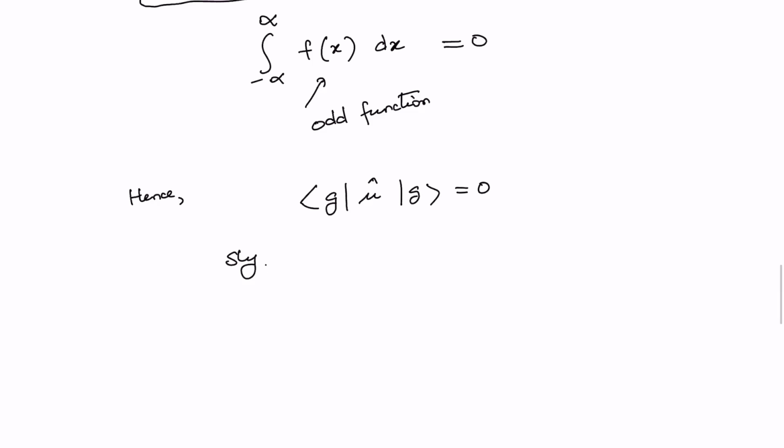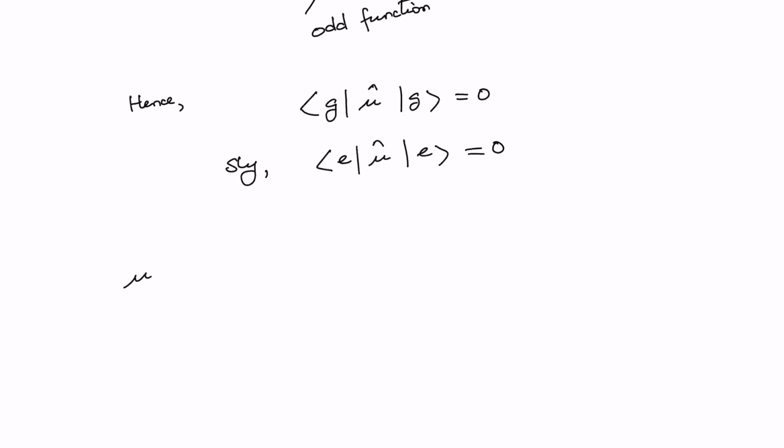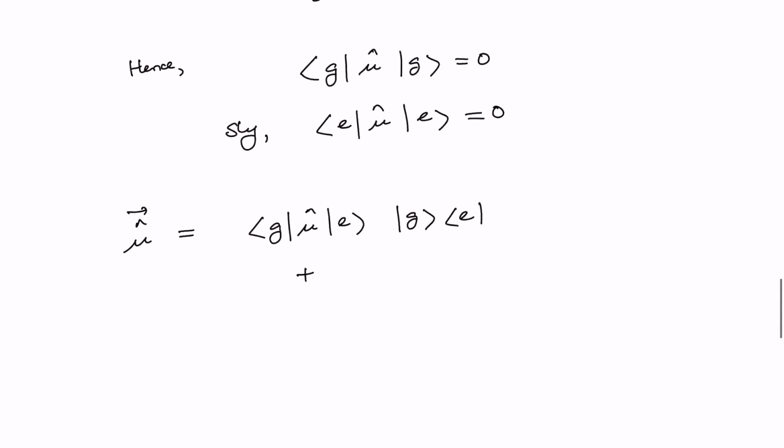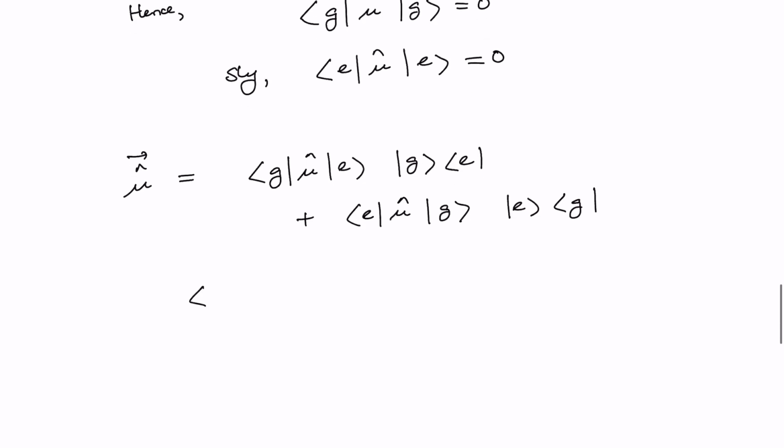Similarly, by the same argument, this other matrix element is also equal to 0, and therefore in this dipole moment operator only two terms will be left, and those would be μ_ge |g⟩⟨e| and the complex conjugate μ_eg |e⟩⟨g|. Often we can take this matrix element to be a real quantity, and this can always be done by choosing the phase appropriately.